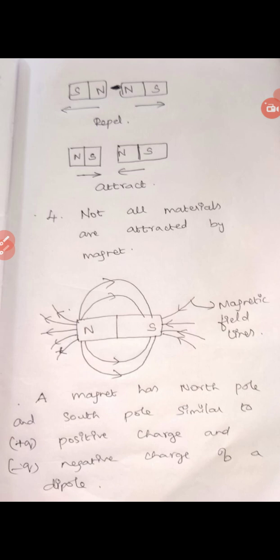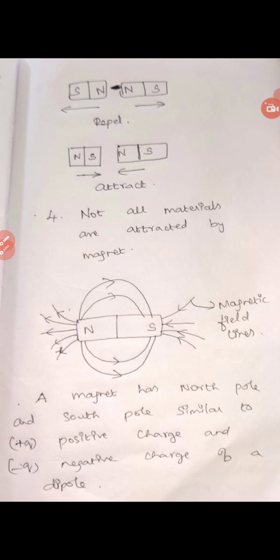What will happen if a north pole moves towards a north pole? They will repel each other. And what about a north pole moving towards a south pole? They will attract each other. So this is the common characteristic of magnetic poles, right?